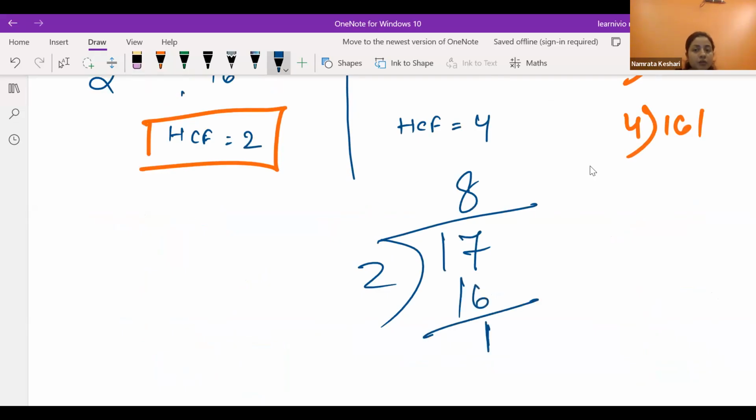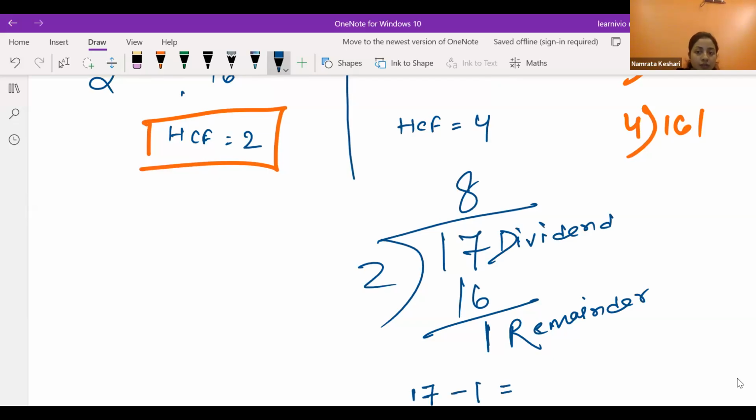Now this remainder, which is extra, if I subtract it from the dividend, can I say we got a number which is completely divisible by 2, right?